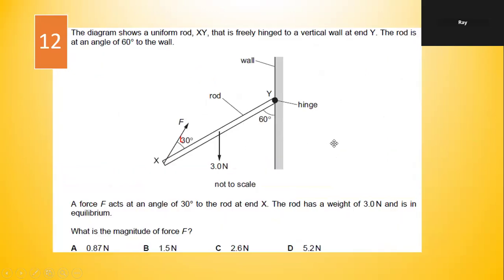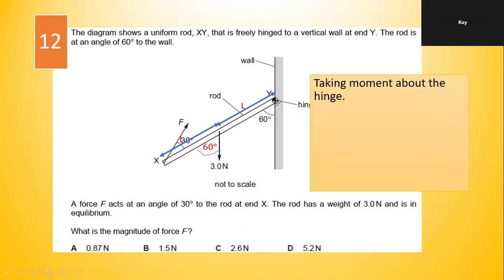How about this one? C. Let the length be L. It's your choice, I can call the whole length L, or half the length L, and this is 60 degrees, this 60 degrees. Taking moment about the hinge, that's your hinge. Clockwise goes against anti-clockwise. That's 2L, F, F sine 30.